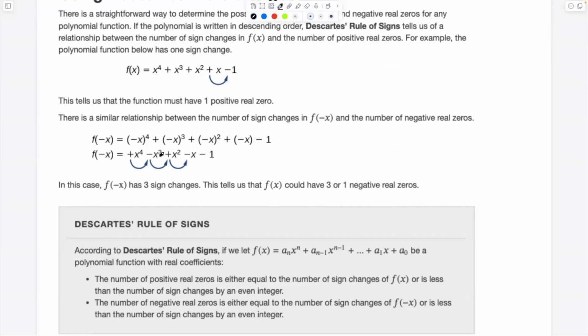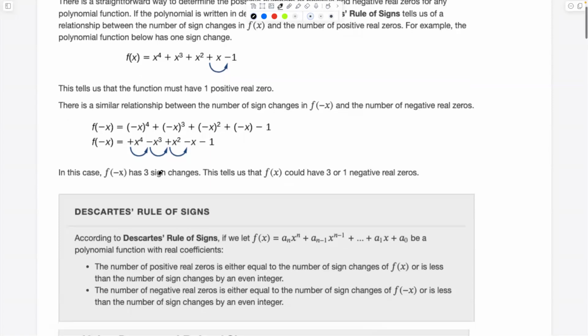I switched from positive to negative. That's one change. I switched again back to positive. That's two changes total. Another switch, three changes. And then we stayed the same. There's no change there. So after replacing x with negative x, we had three sign changes. That will tell me something about how many negative zeros I have.